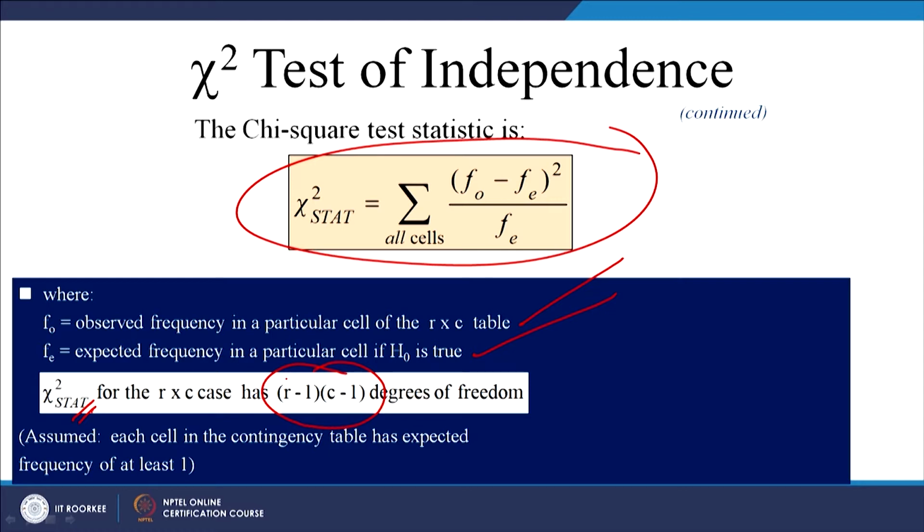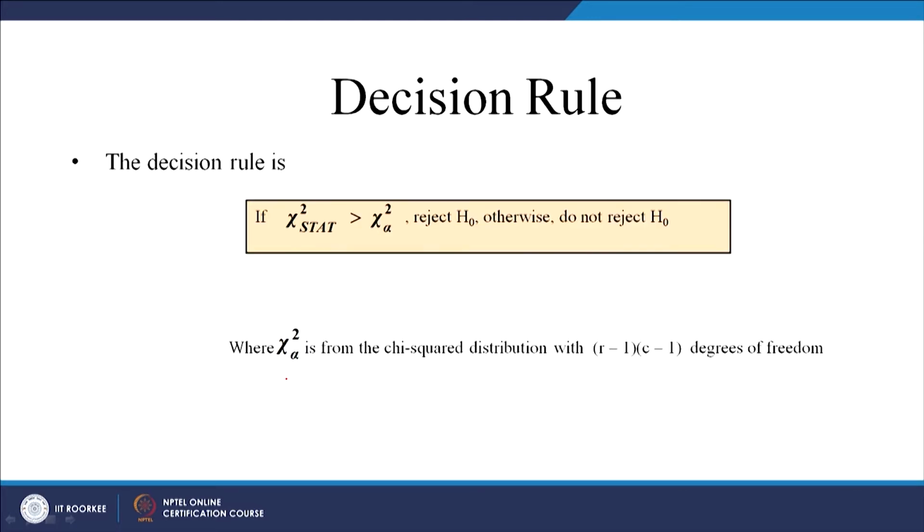So, here r is number of rows, c is number of columns. Decision rule remains same, there is no change in it. If chi-square statistics is more than critical value, then we will reject the null hypothesis, otherwise not, okay, at this particular degrees of freedom, right.